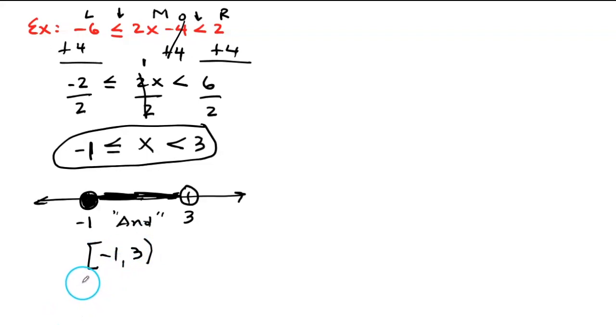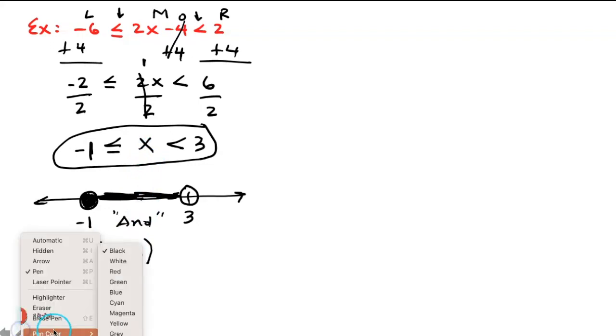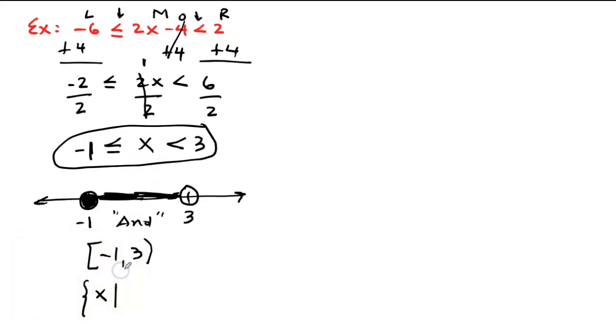What about set builder notation? So set builder, I always start with brace, x, and bar. This is read as the set of all x such that, and at this point I bring in my inequality symbol. I bring this inequality into my set builder notation.